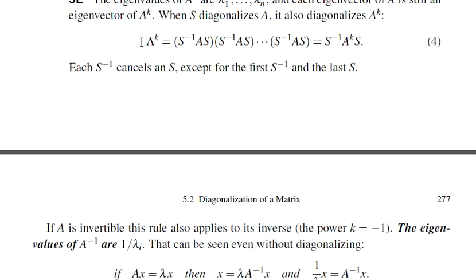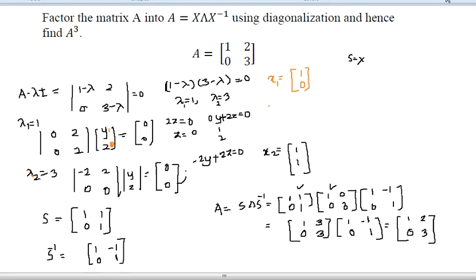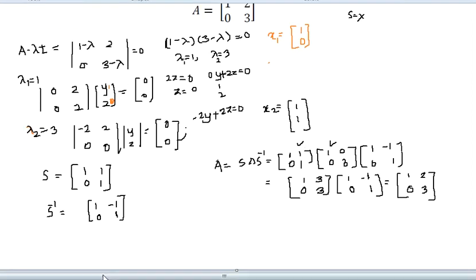We are supposed to find A cube, and from this, Λ raised to k is nothing but S inverse A raised to k S. To find A cube, let's write A cube.